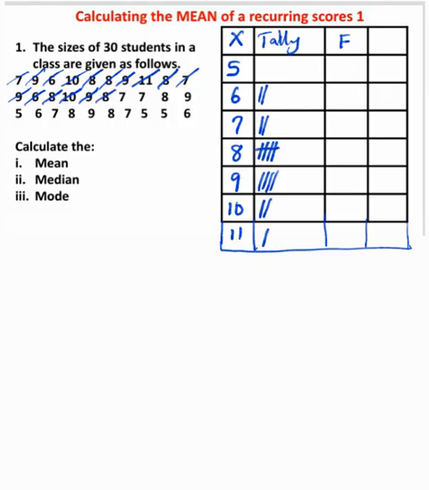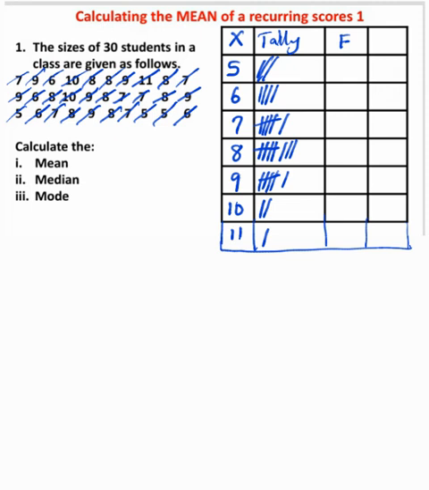This time we have to cross it. 7, 7, 8, 9, 5, 6, 7, 8, 9, 8, 7, 5, 5, 6.